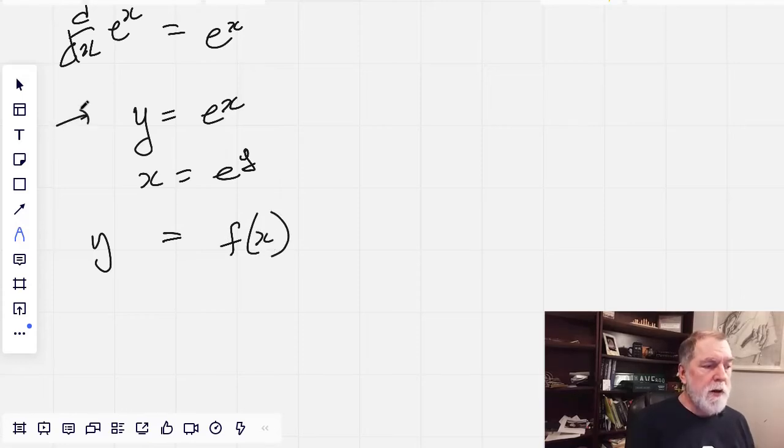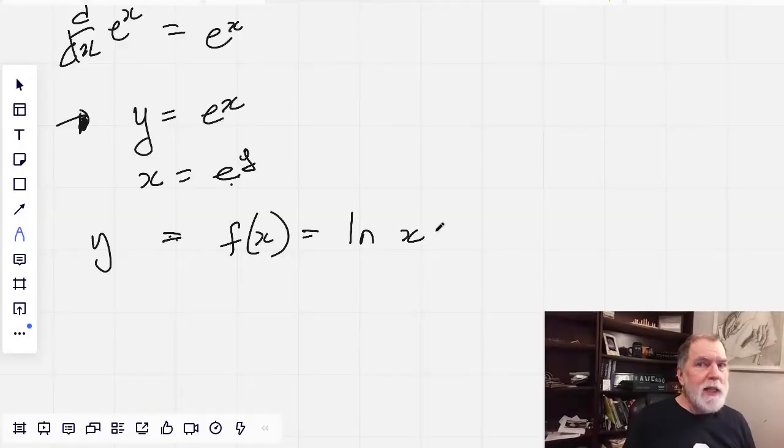This first function answers the question, what do we get when we raise e to some value x? This function answers the question, what do we need to raise e to get x? And we have a name for that. It's the logarithm of x. It's a function which we can define. It's not ln x.